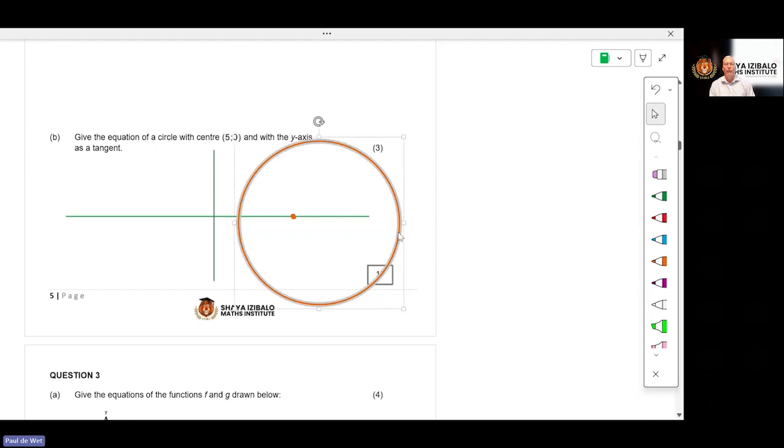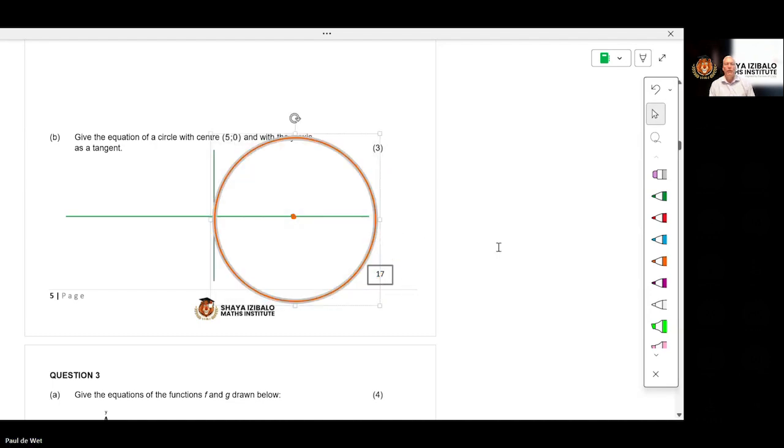We've got some answers down here in the front row. What's the equation of this circle? The equation will be (x minus 5) whole squared, plus y squared, equals 25.